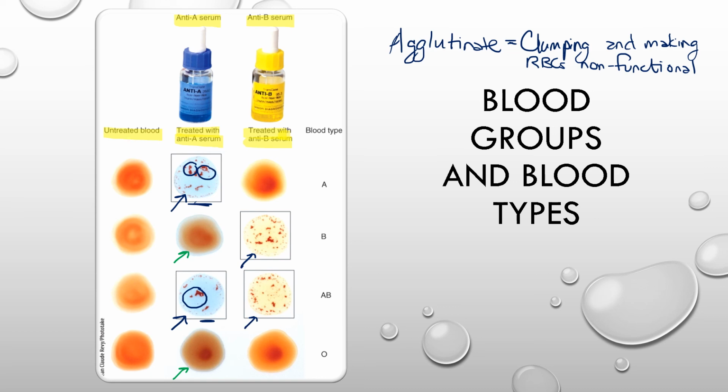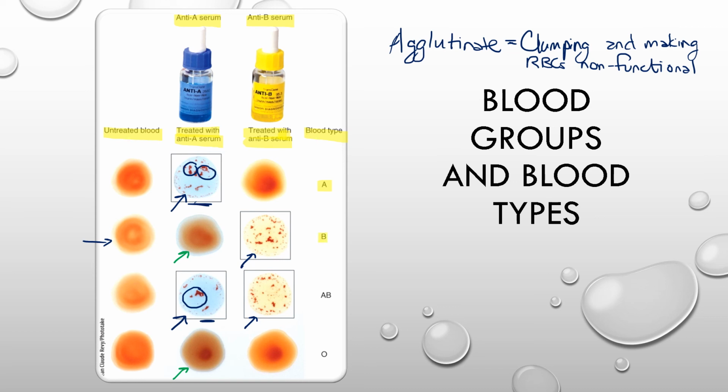So when we take all of this information into account, the top row agglutinated with anti-A serum but did not agglutinate with anti-B serum. So the blood type would be type A, because we know that those red blood cells have A antigens on them but no B antigens. Our second row here, this blood did not agglutinate with the anti-A serum, but it did agglutinate with the anti-B serum.